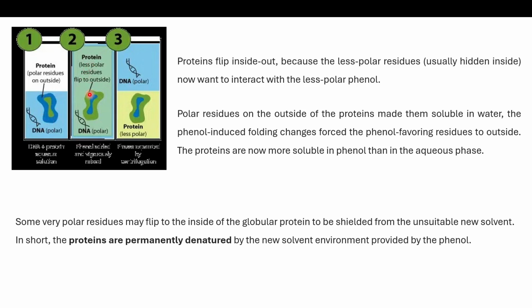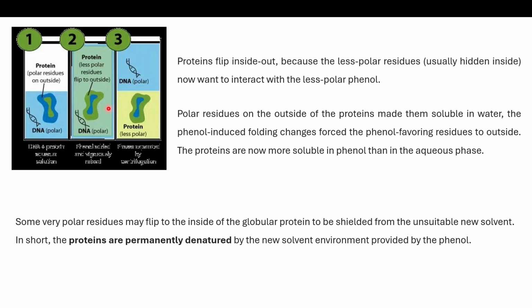Now what happens is when we are adding phenol, it is an organic layer, which is more amenable for interaction with the less polar or hydrophobic residues. Due to the presence of phenol, the residues present in this green area will tend to interact with the outer non-polar or less polar organic environment.